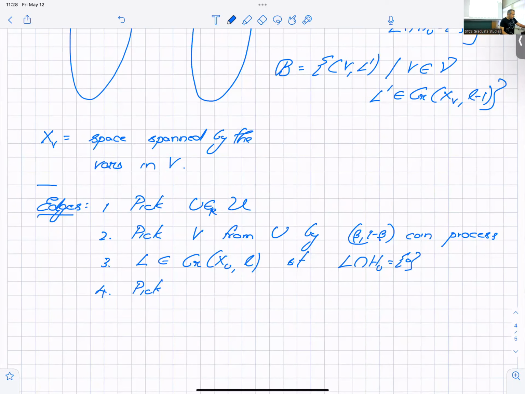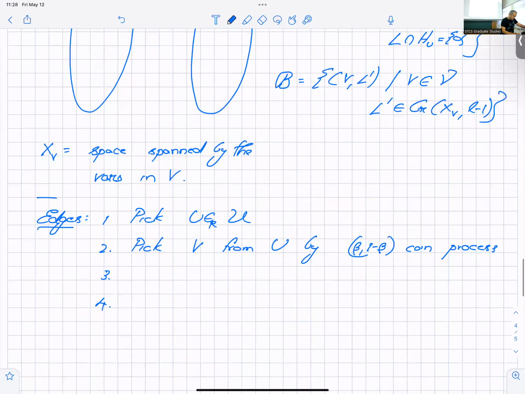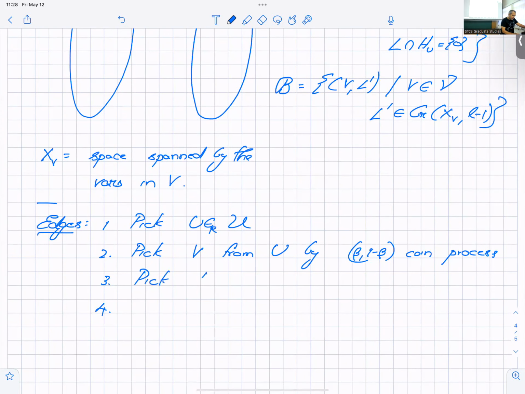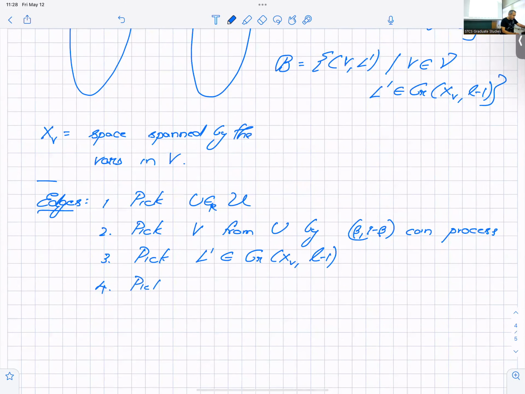you cannot do it this way. It's not going to be. Pick an L prime firstly in GR XV L minus 1. Then pick an L in GR XU L such that L contains L prime and L intersection HU is this one.